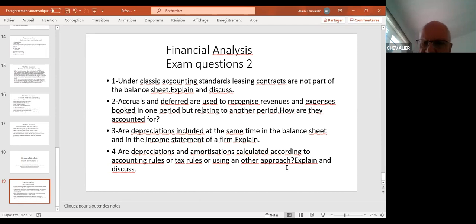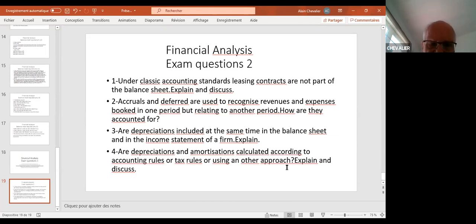So you understand that somehow you have to take into account the amount of cash which has been paid, but you, as a company, are not the owner. You did not receive the invoice. The equipment was not delivered. So we need some kind of specific rule to integrate into the accounting system this payment without delivery and without invoice.